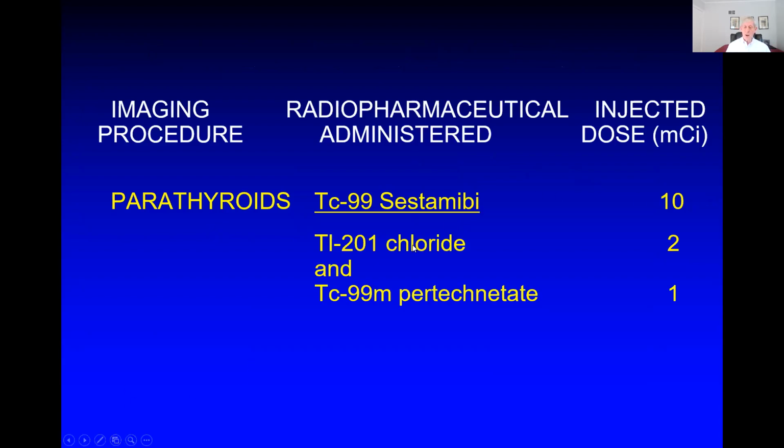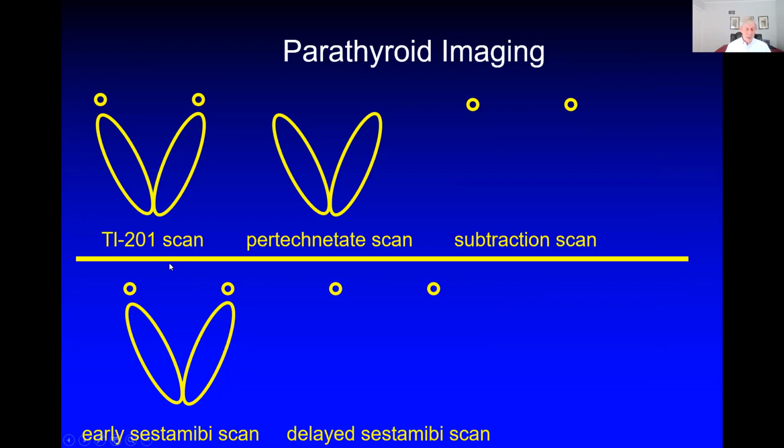Here's why the thallium was valuable, but it was really a pain in the neck to do. Thallium and sestamibi both go to the thyroid and to the parathyroid glands. The beauty of sestamibi is after a couple of hours, it washes out, and all that's left would be parathyroid glands and adenomas if they're present.